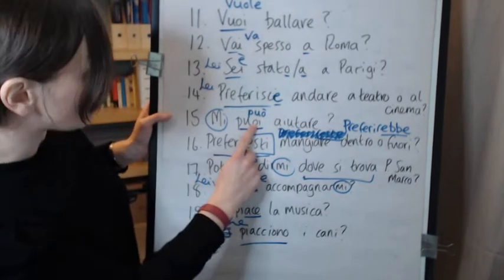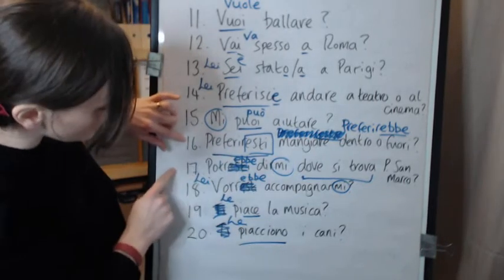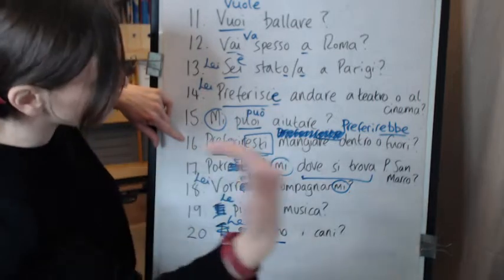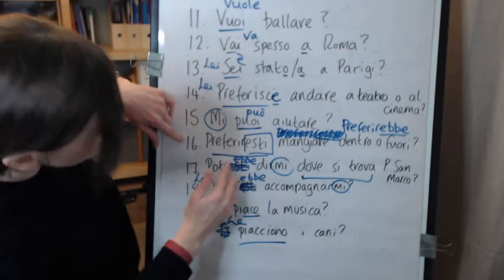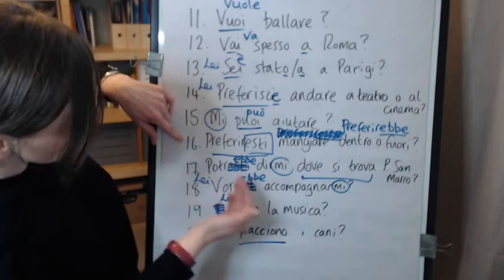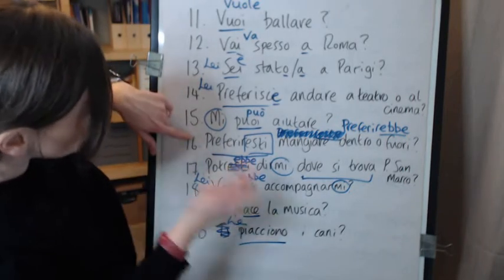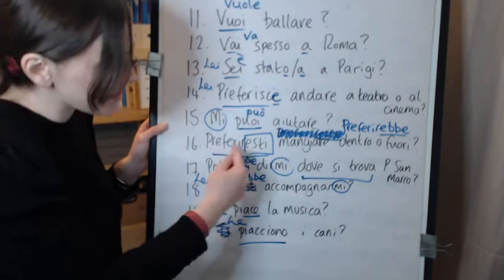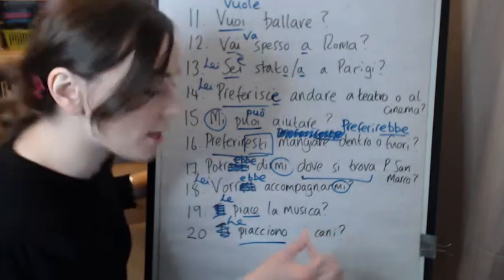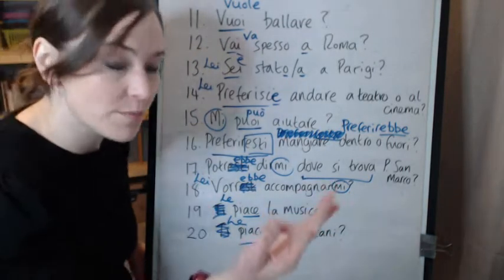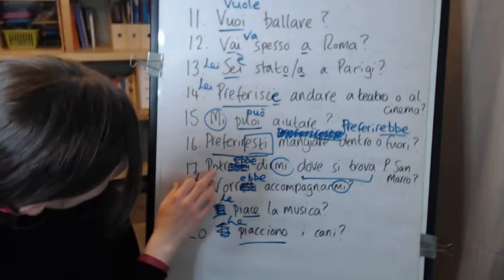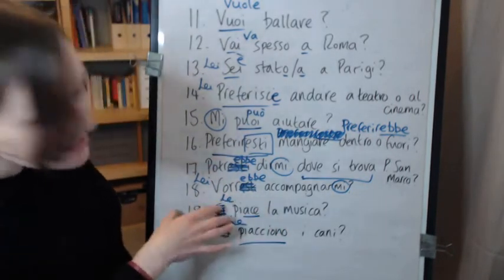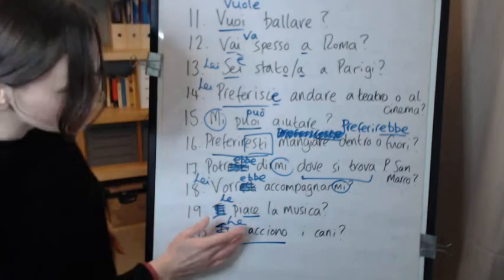puoi becomes può. Now these ones here, remember, are the conditional present, not the present tense, the conditional. So would you prefer, could you tell me, would you like. Preferiresti becomes preferirebbe, vorresti becomes vorrebbe, potresti becomes potrebbe, and then here we've got back to the present tense, but we're using the verb piacere.